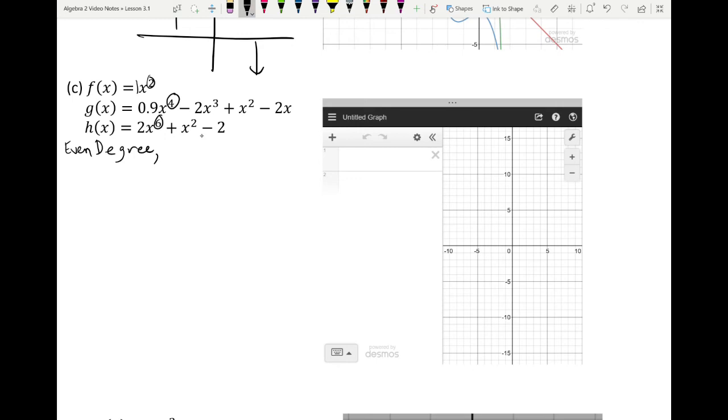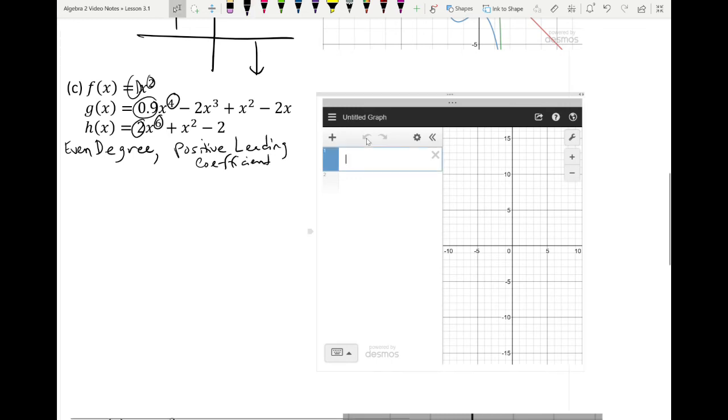And if you look at the leading coefficients, they're positive. So how do these behave? Well, we know what x squared looks like. X squared looks like a parabola. We'll draw it over here.